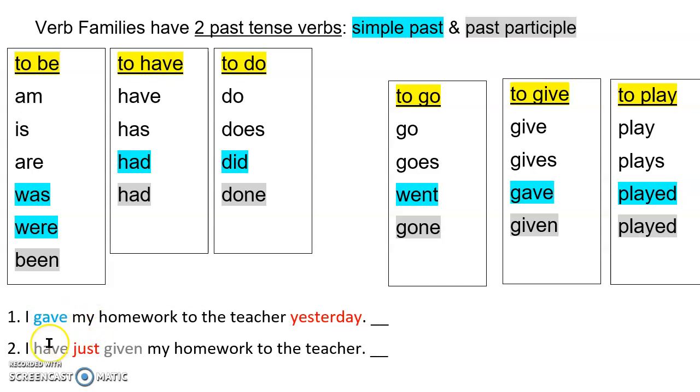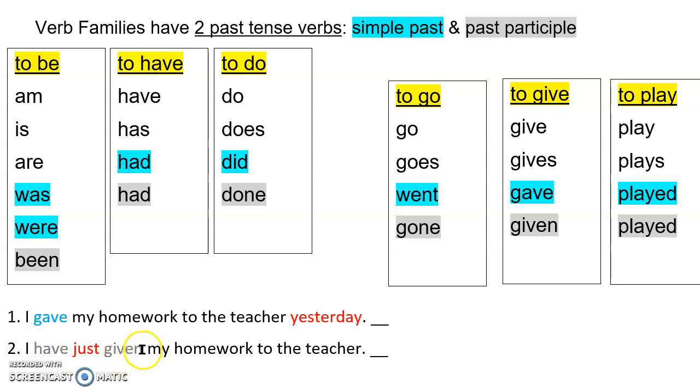Let's look at number 2. I have just given my homework to the teacher. So we've used the past participle given with the verb have. This forms the present perfect verb.